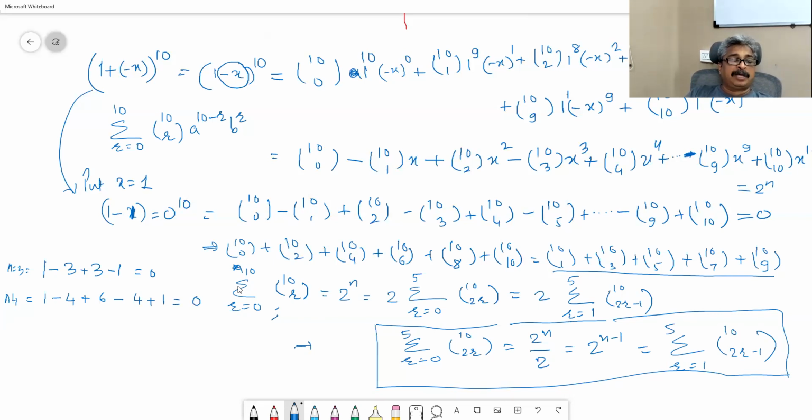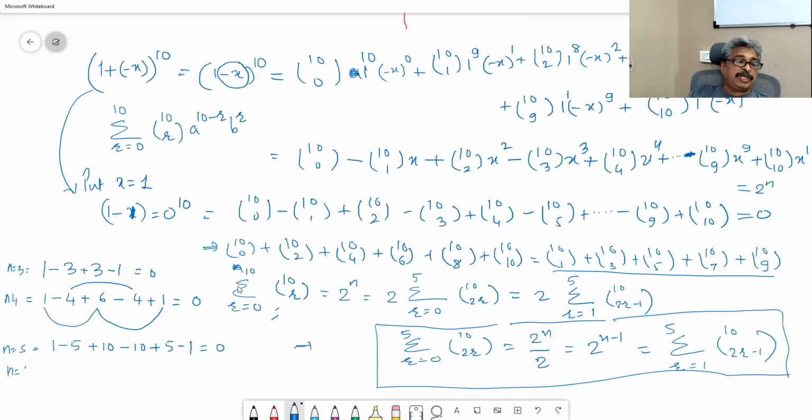Here they are same, therefore equal and 0. But here they are not same, still they add up to 0. And therefore summation of this plus this plus this is equal to summation of this plus this. If n is equal to 5, again they will be 1 minus 5 plus 10 minus 10 plus 5 minus 1. Add up to 0.